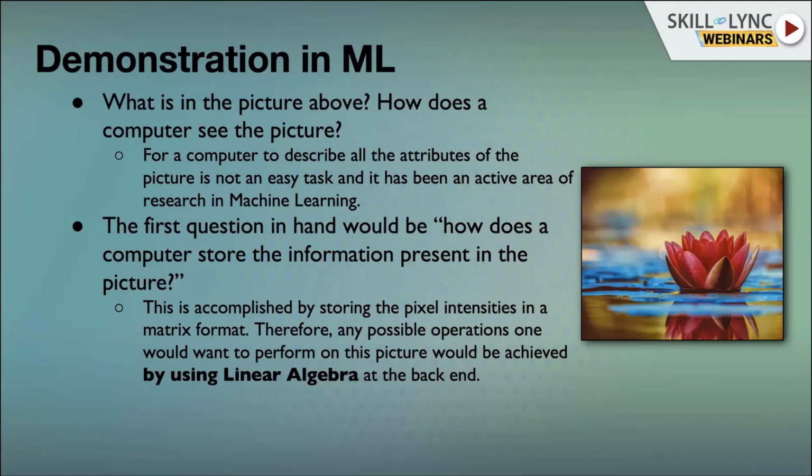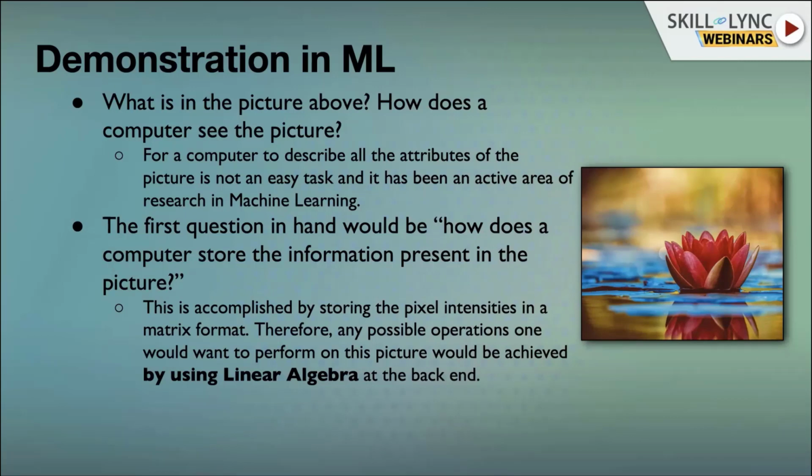And therefore, doing the same task in a computer is not as easy as we can do it in our head, right? So, computers are basically trained machines. We have to train them in order to recognize different attributes and different things like this picture.